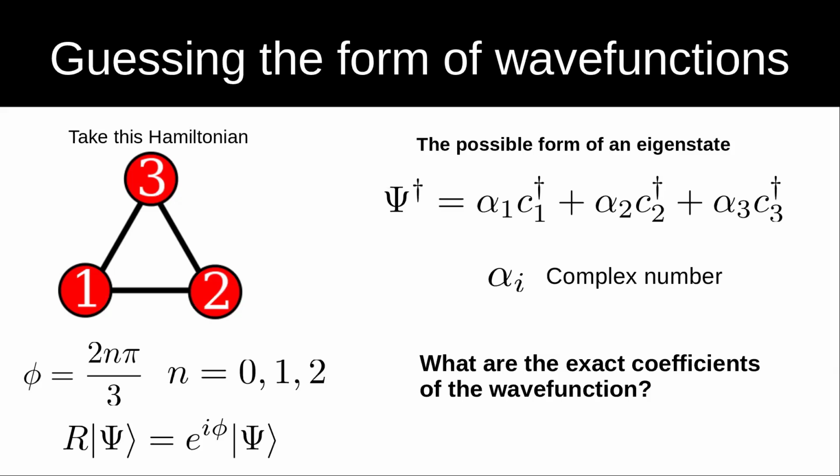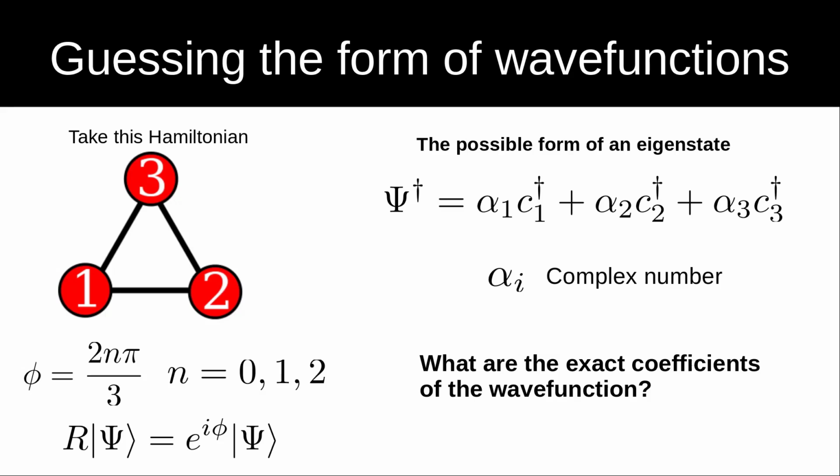In general, the eigenstate of a Hamiltonian for three sites is going to be alpha 1 C1, alpha 2 C2, alpha 3 C3, with alpha i a specific complex number. Now I would like to ask you, what are the coefficients alpha 1, alpha 2, and alpha 3 of this wave function for the eigenstates of the Hamiltonian? To answer this question, you just need to realize that when you apply the rotation operator, you are essentially switching 1 to 2, 2 to 3, 3 to 1.